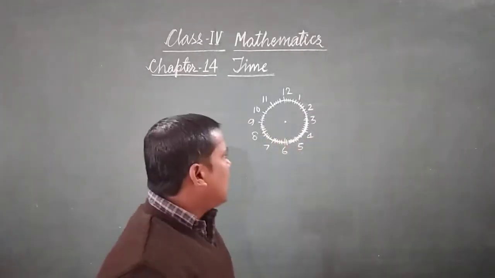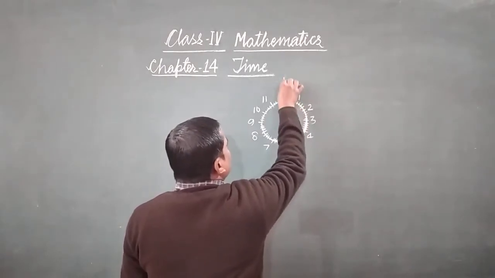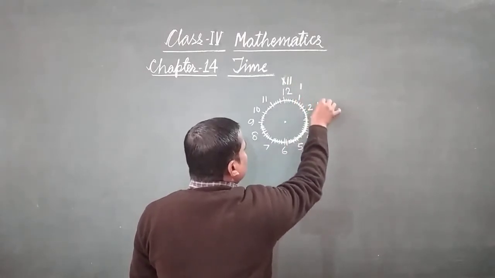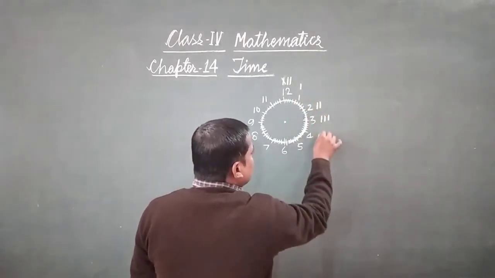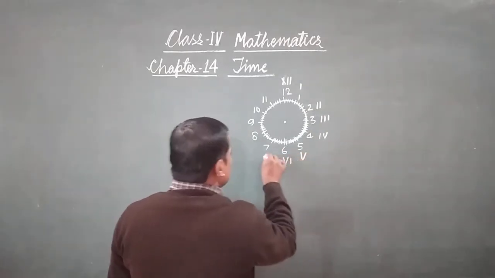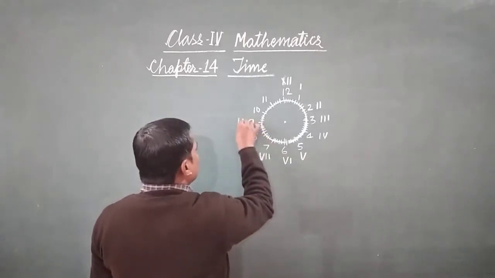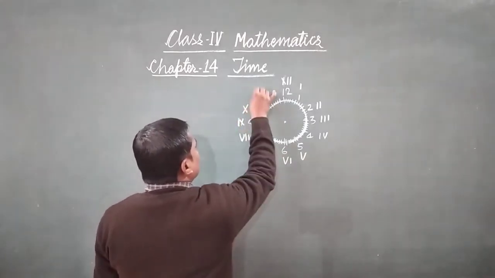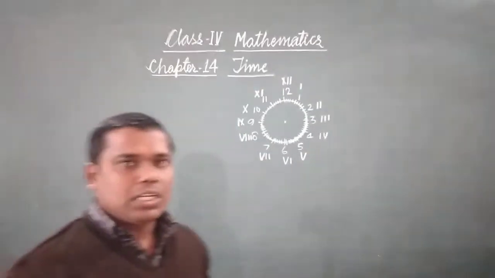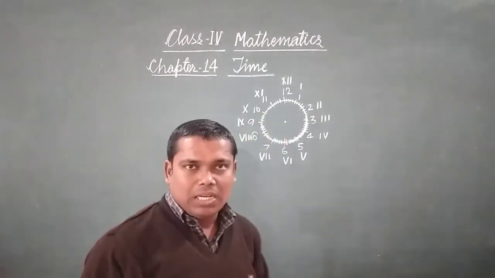You must have seen the hands of the clock. These numbers are also written in Roman like this: 12, 7, 8, 9, 10, 11. Means you have seen the face of the clock, on which the numbers are written in the Hindu Arabic system and also in Roman numerals.